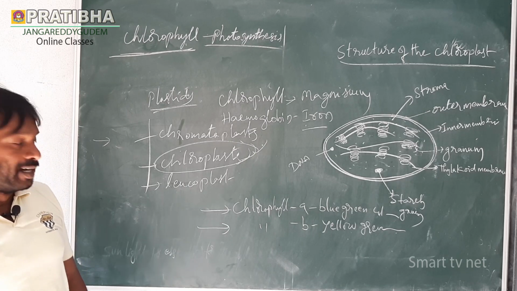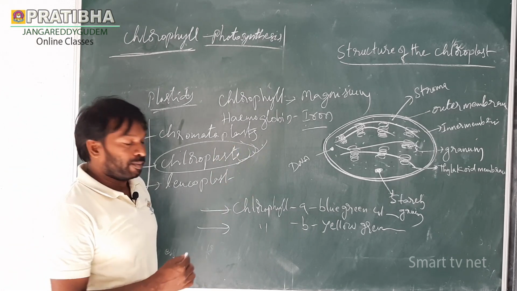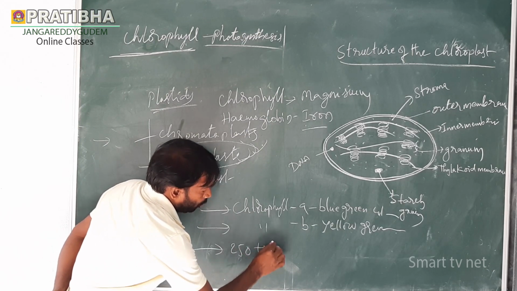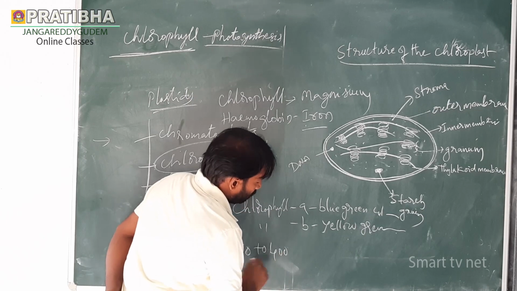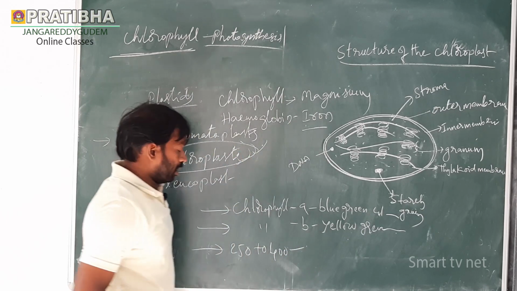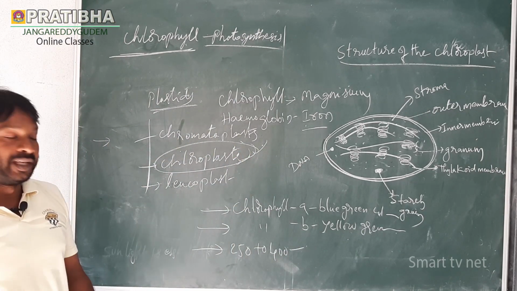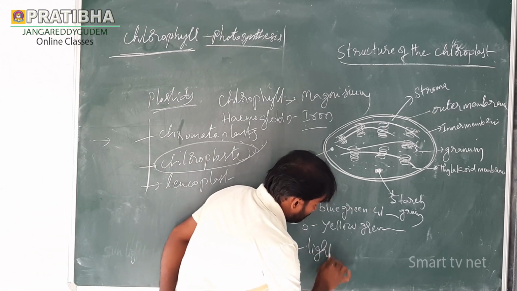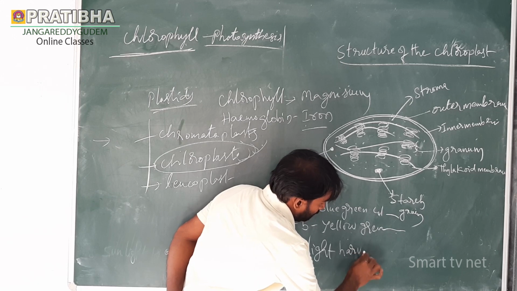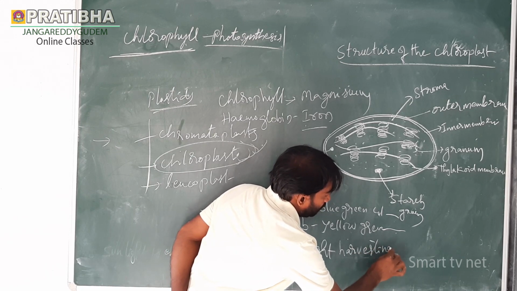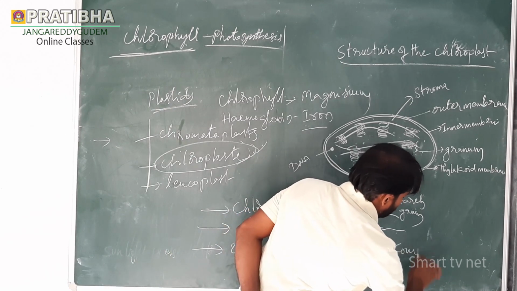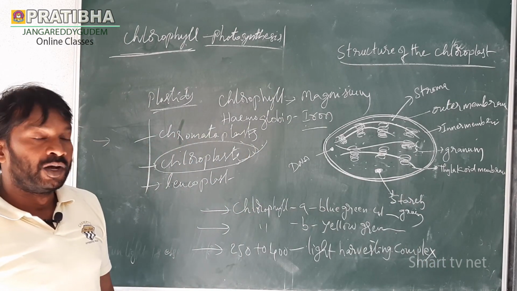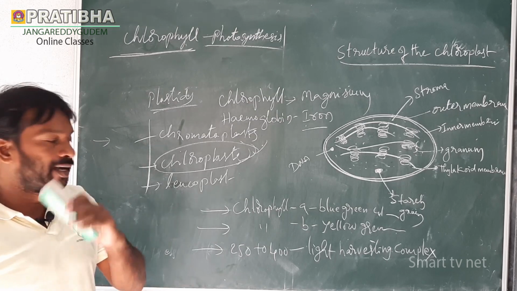On the thylakoid membrane, 250 to 400 chlorophyll pigments are grouped to form the light harvesting complex, otherwise called the photosynthetic units of the grana.